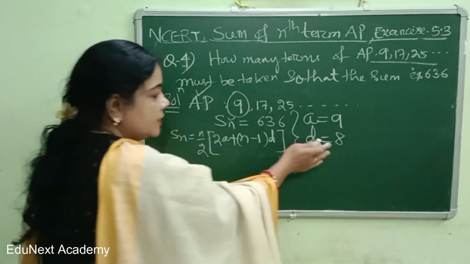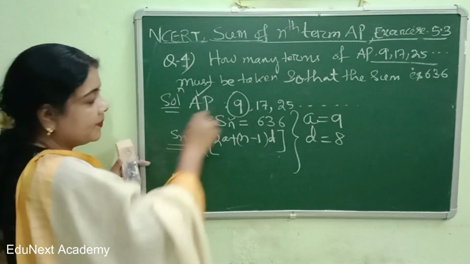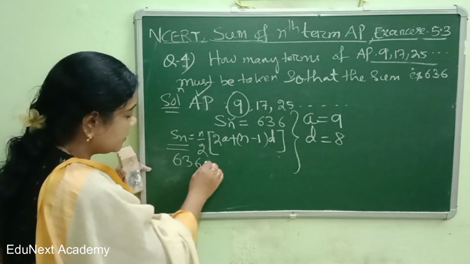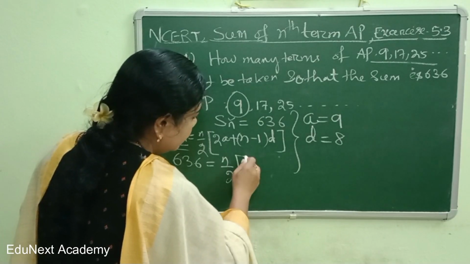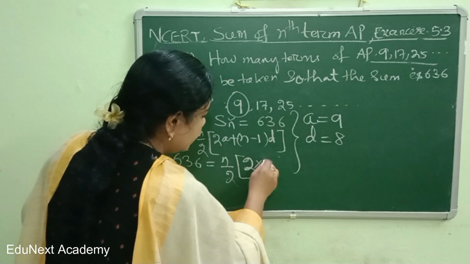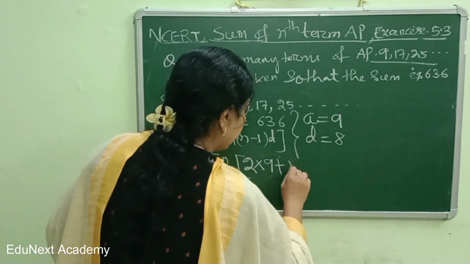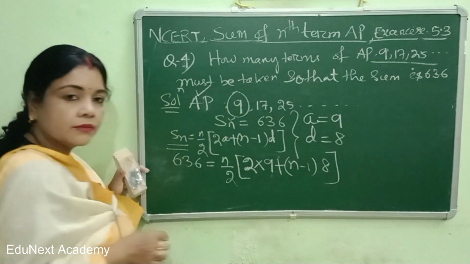Now let us put these values in the equation. S of n is given as 636. So 636 is equal to n by 2 into 2 into 9 plus n minus 1 into 8.